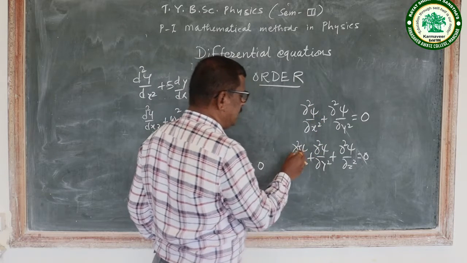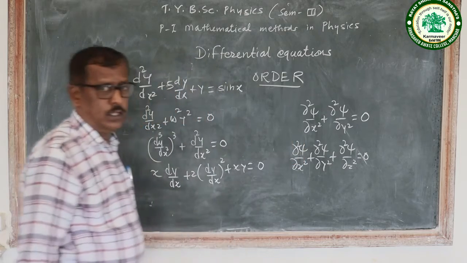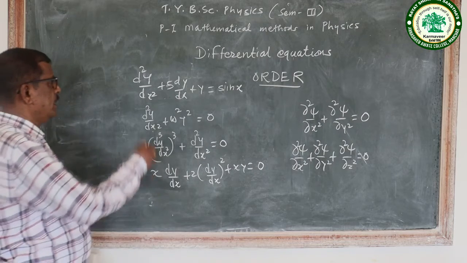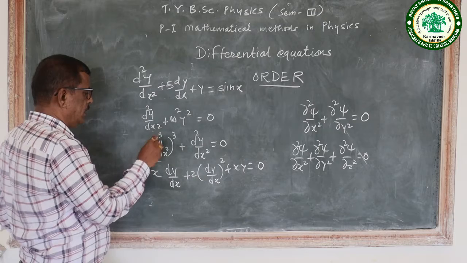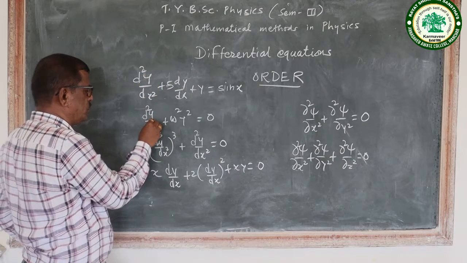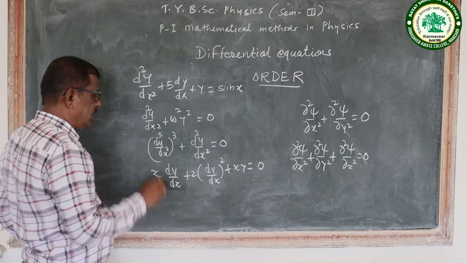Here in this case again the same, d2 psi by dx square. Therefore the order is given by the highest derivative. Here again d2y by dx square, here d2y by dx square, here d3y by dx cube. Means here the order of this differential equation is 2 and here the order of this differential equation is 3.